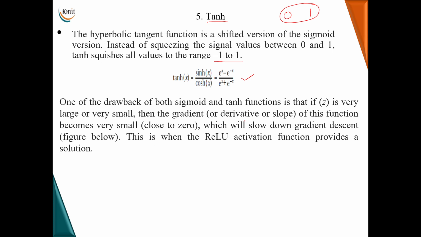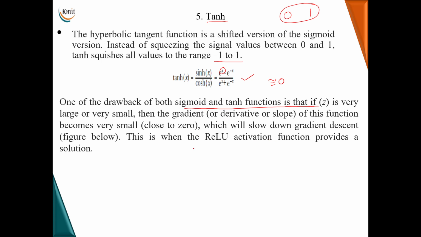One of the drawbacks with sigmoid and tanh functions is that if these x or z values are very large or very small, then the gradient will be approximately equal to 0, which will slow down the gradient descent process, which will be used in backpropagation algorithms.